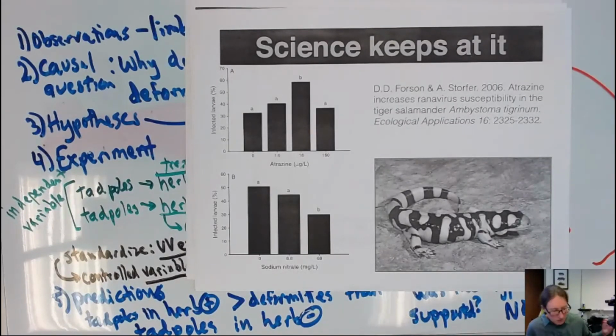In spite of not being able to say, okay, we've definitively proven that herbicides cause deformities and have caused amphibian decline, if we repeat this process with a substantial number of experiments across a substantial number of amphibian species, then we can come up with a lot of evidence, maybe an overwhelming amount of evidence, to support the hypothesis that there is a connection between herbicides and amphibian decline.